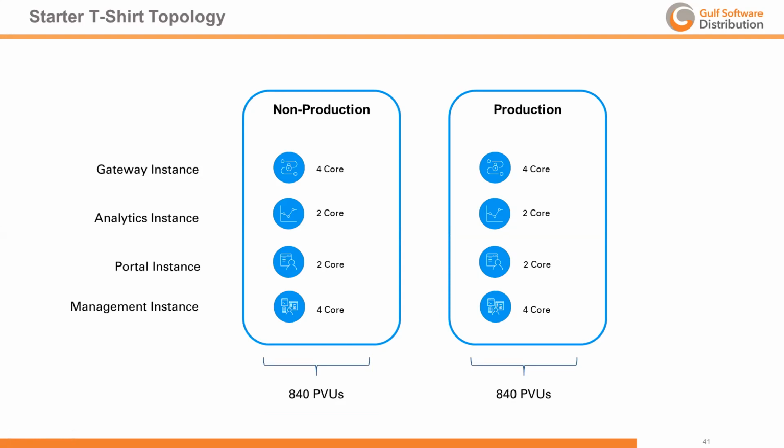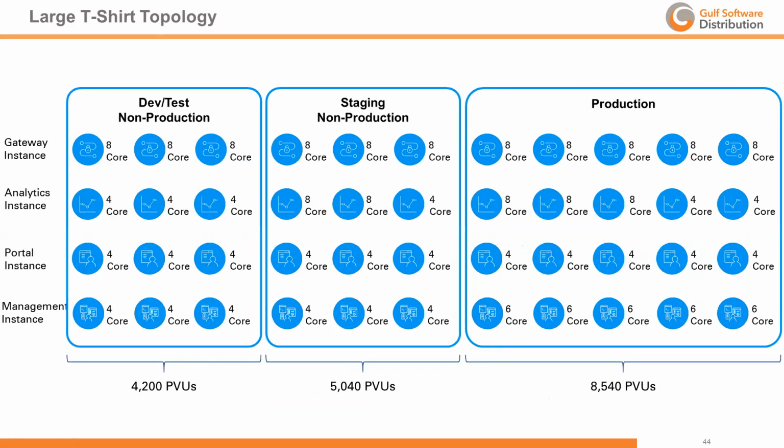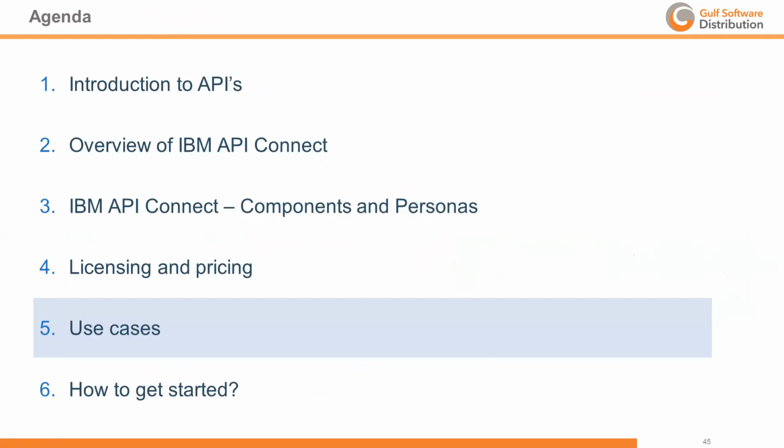So the minimum required configuration would be 840 PVUs per environment. As we expand further, these are IBM's recommendations, which are very generous, but based on what the use cases are and what traffic we expect from each customer, we can definitely work out the best sizing for any customer that we want to deal with.